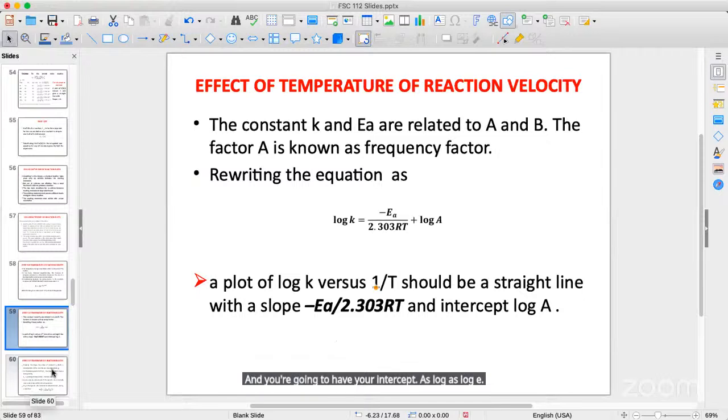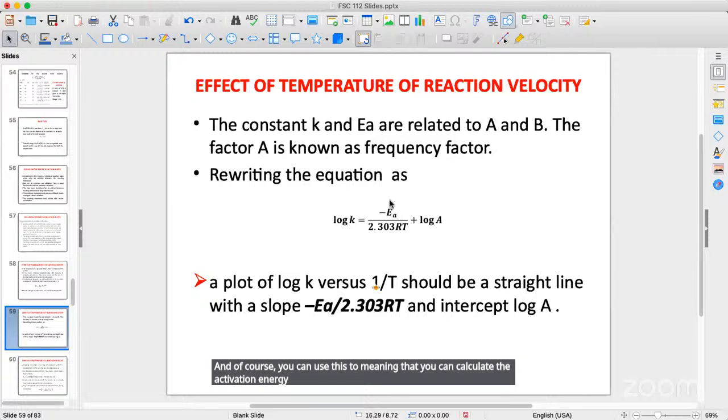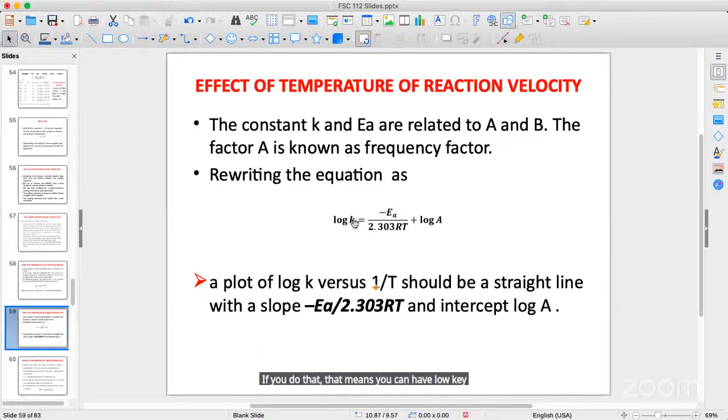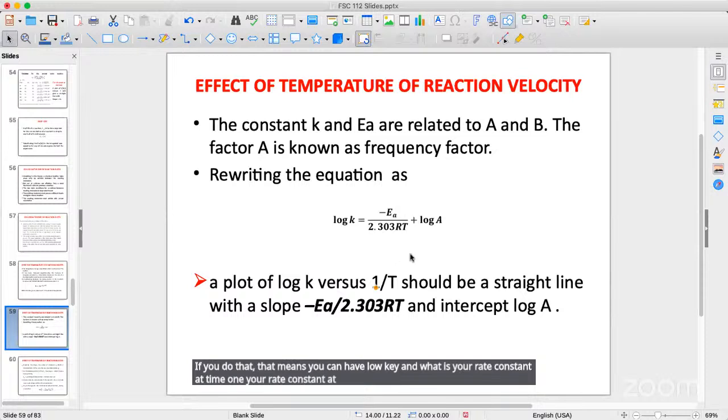And of course, you can use this to calculate the activation energy of a reaction by determining your rate constant at different temperatures. If you do that, you can have log K: your rate constant at temperature 1, at temperature 2, at temperature 3, and so on.